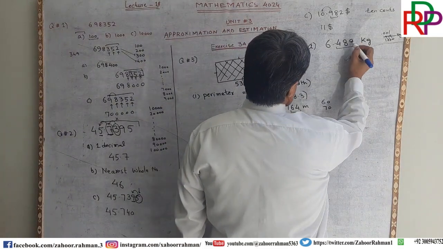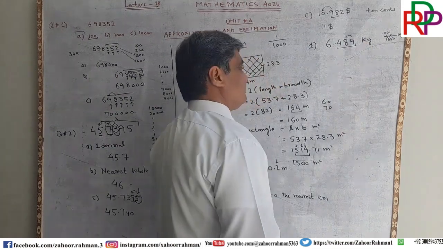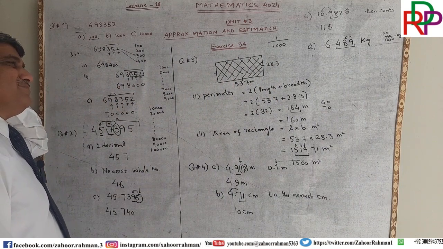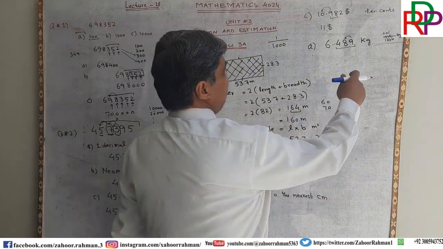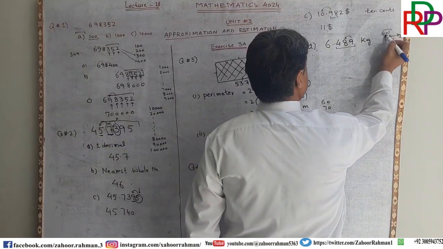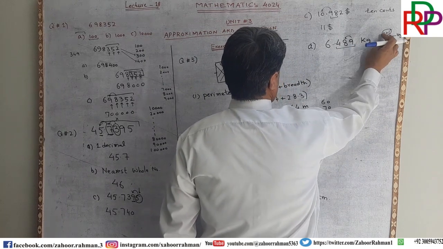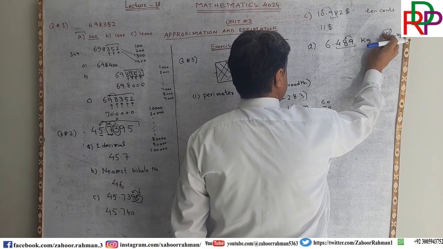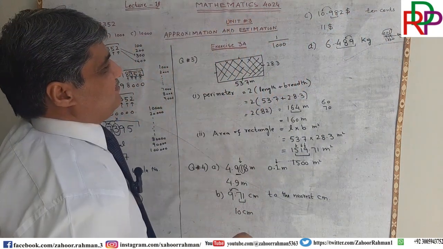After the decimal we have to look at 3 digits, 0.001, so 3 digits we need.